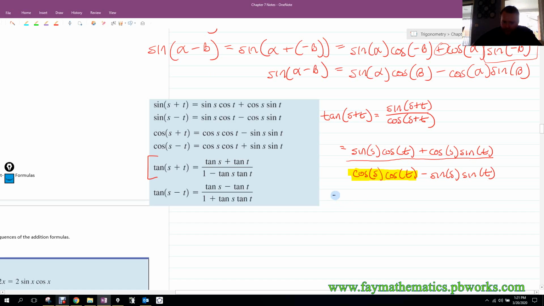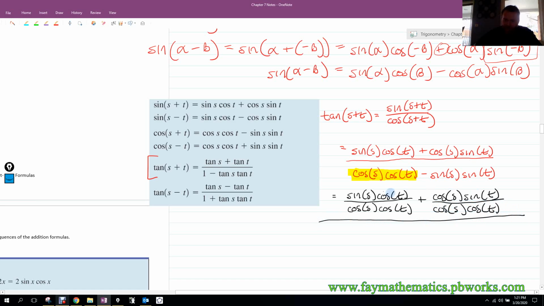So the numerator is going to be the sine of s cosine t, now divided by that yellow thing, cosine s cosine t, plus this thing here, which is cosine s sine t, divided by the yellow, cosine of s cosine t.